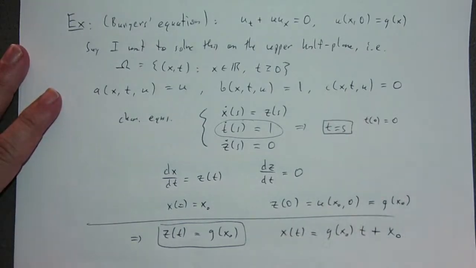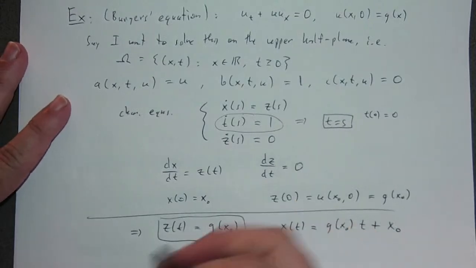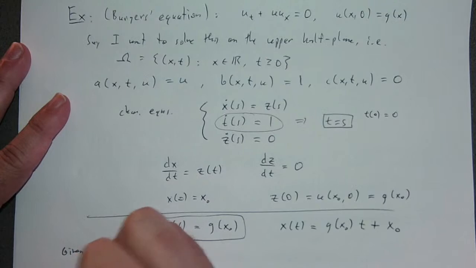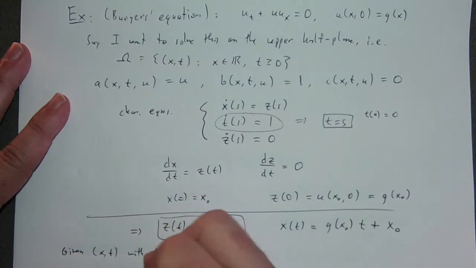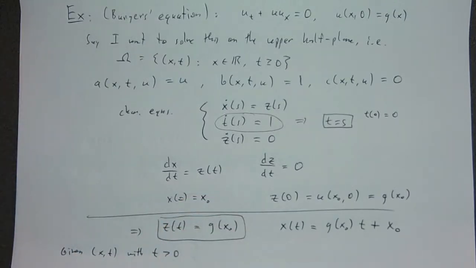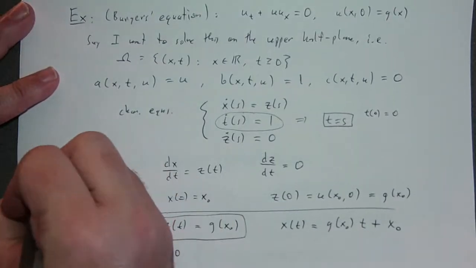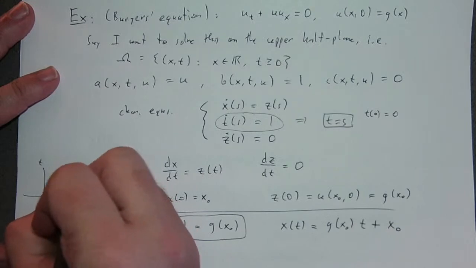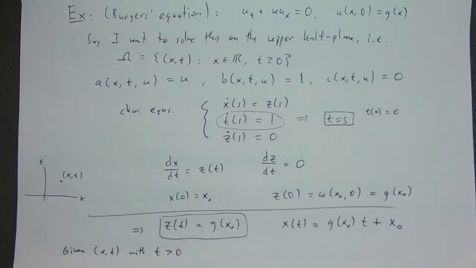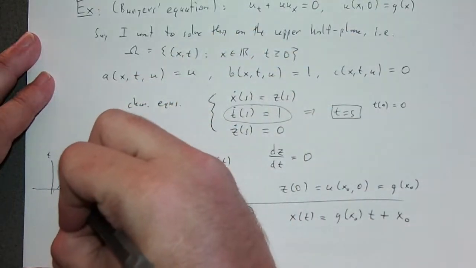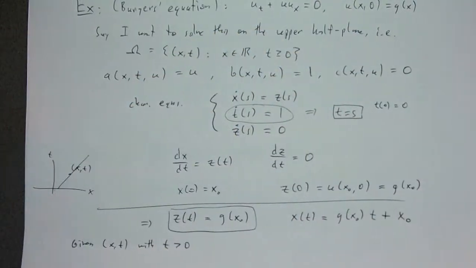So then once I'm off the boundary, right, if I have t greater than 0, so given x, t with t greater than 0 now, I'm drawing a picture, right? I'm picking a generic point x, t in the upper half plane, and I want to find the characteristic, which I know is a line like this, that passes through it, right?